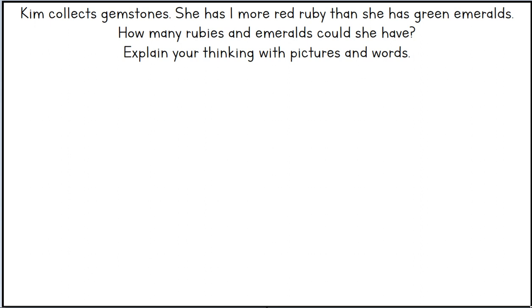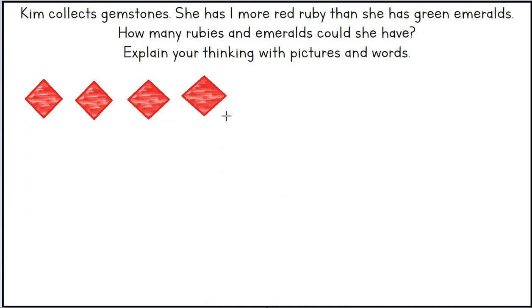So I'm going to draw 5 red rubies. All right, there's 1, 2, 3, 4, and 5. I'm kind of cheating. I'm just using one of the shape patterns on here, so I'm not actually drawing it. All right, so we have 5 red rubies.